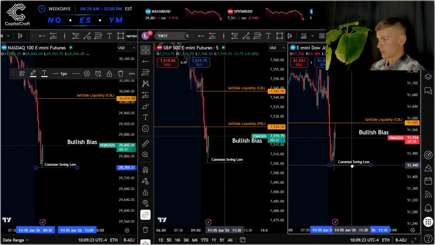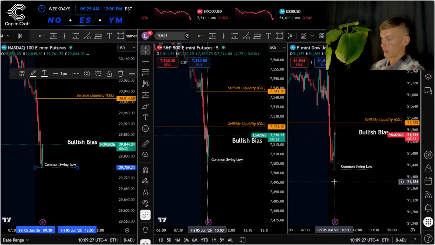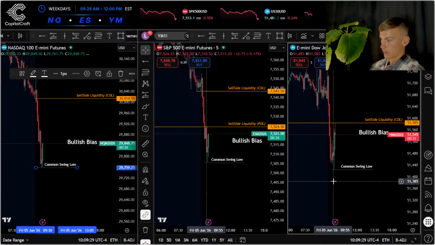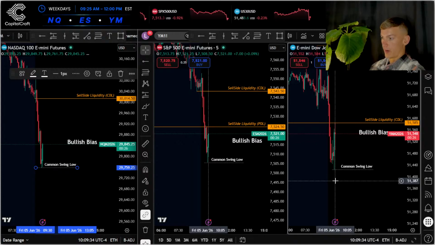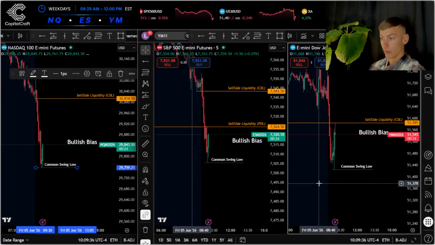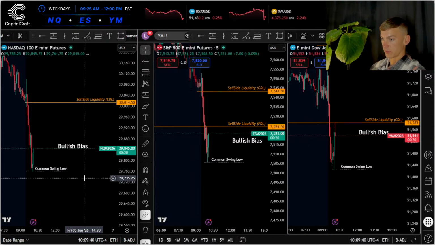Okay, so we see that 9:05 is a swing low, right? Or 10, sorry. So 9:55, 10, and 10:05 are the three candles that form this particular swing low. We want to see price return to that specific swing low.